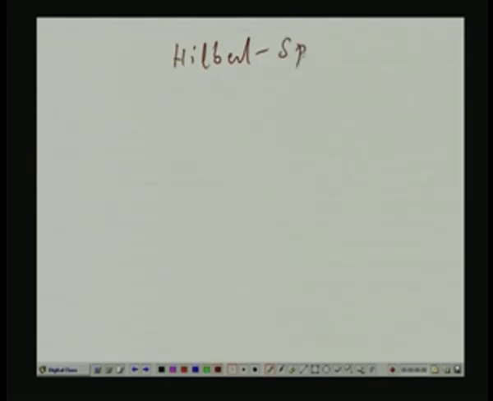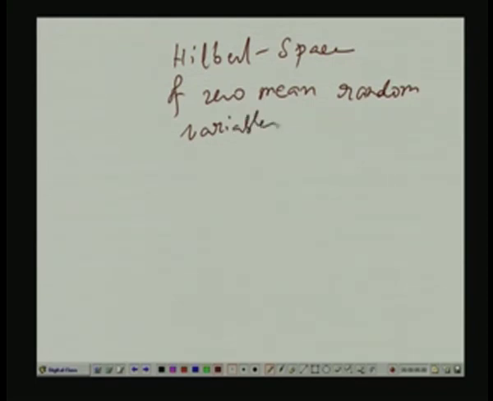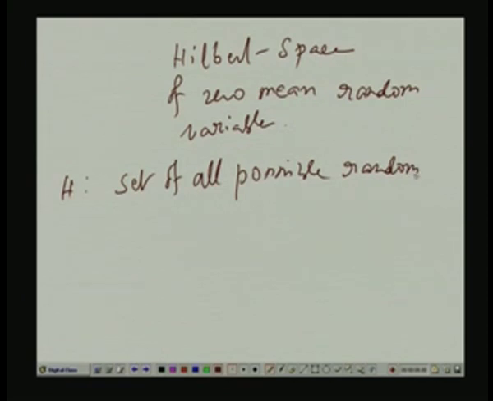So, this is H, the set of all possible random variables. I am not writing 0 mean again and again, it is 0 mean.